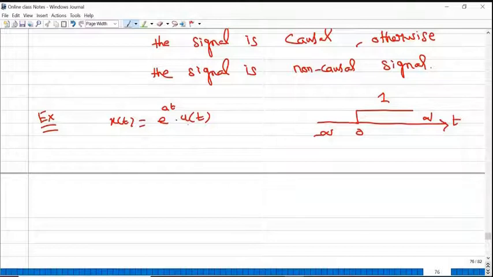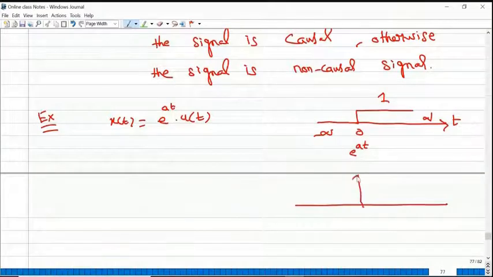If this signal is multiplied with e power at, then the resultant information must be between 0 and infinity only. Yes or no? If you plot e power at, at t equal to 0 the magnitude is 1, and at t equal to 1, 2, you will get an exponentially growing curve for positive t.